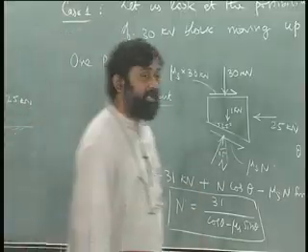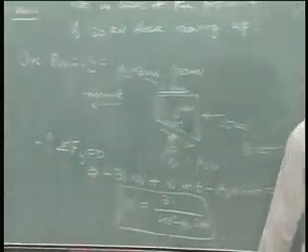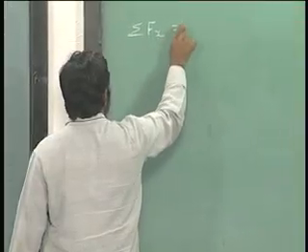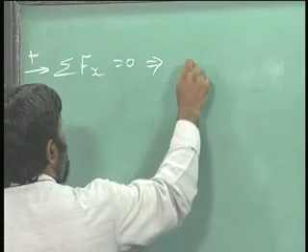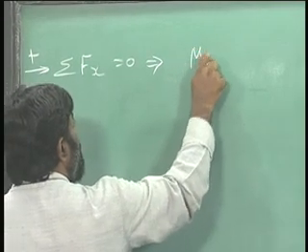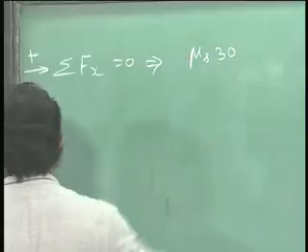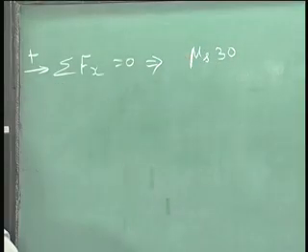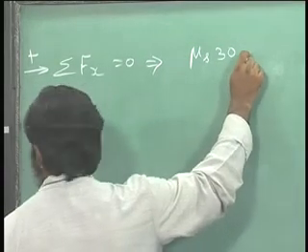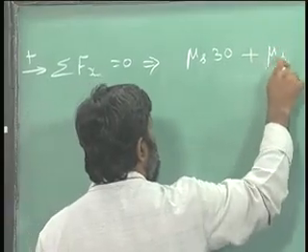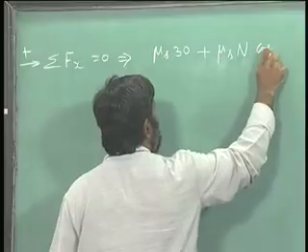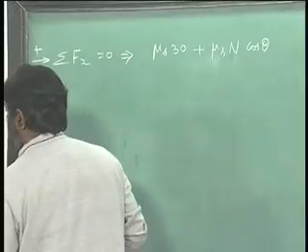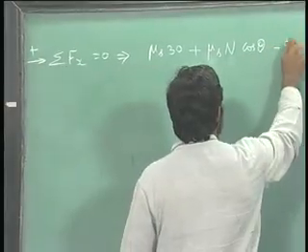So, if I have to write horizontal equilibrium, I can write sigma F x equals 0, let us say this direction is positive. This implies I have mu s times 30 kilonewtons, this one, and this one is mu s n, so it is also plus mu s n cos theta, or let me just write it as cos theta, minus 25.